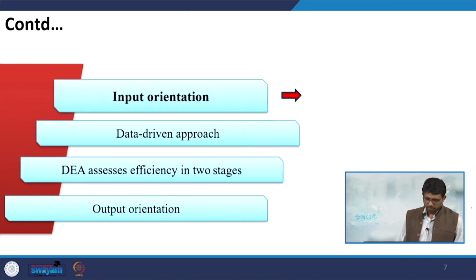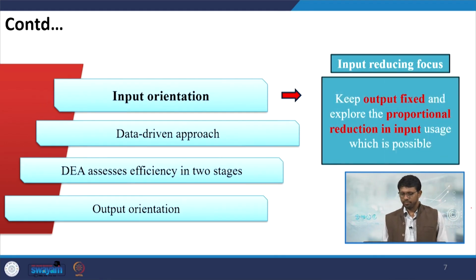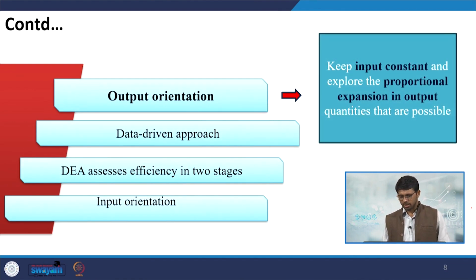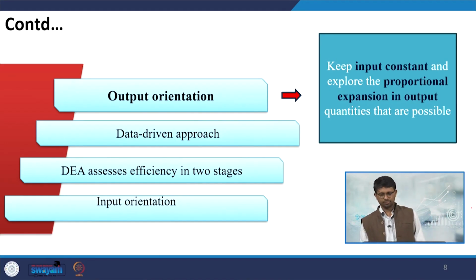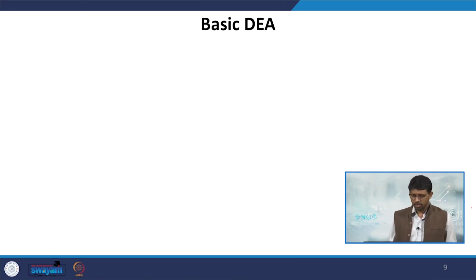In the input orientation model, we emphasize how to keep output fixed and explore the proportional reduction in input usage, that is, keeping the output fixed and optimizing the use of inputs. That is called the input orientation model. In the output orientation, it is just the reverse: keep the input constant and explore the proportional expansion in output, and how these are discussed in detail we will clarify further.